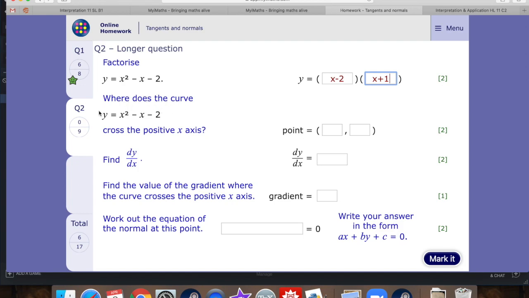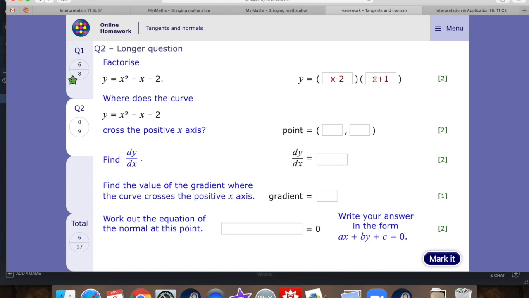Pretty good. Now, next question. Where does the curve cross the positive x-axis? Okay, so all I need to do now is just set this equal to 0 and solve. Well, I already factored it here. So if I set this equal to 0, either x minus 2 equals 0 or x plus 1 equals 0.